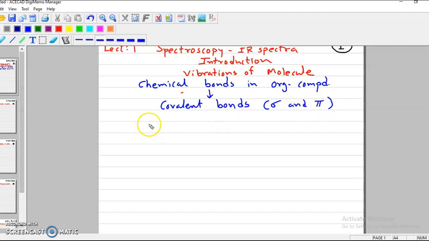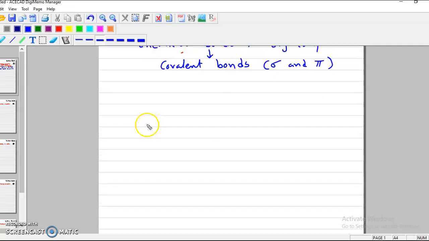In any case, if we see the basic thing, then normally during covalent bond formation, sharing of an electron pair takes place. That is very important. Let us take examples to understand this.